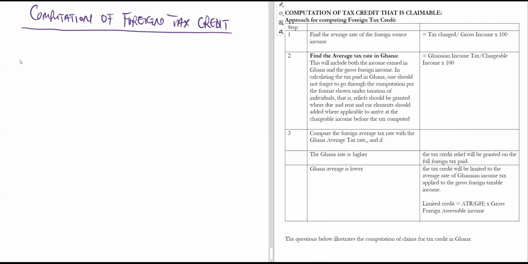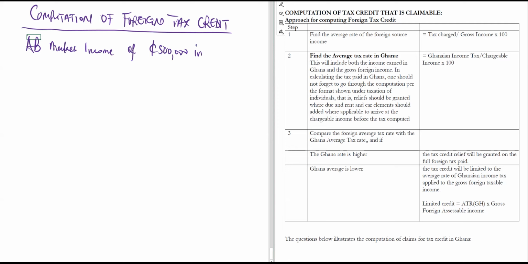Now, let's deal with foreign tax credits in Ghana, right? So I'll give you a simple illustration, then we take a full question. So always there are some steps you need to follow. So let's say that this is AB, right? AB makes income of 500,000 cedis.